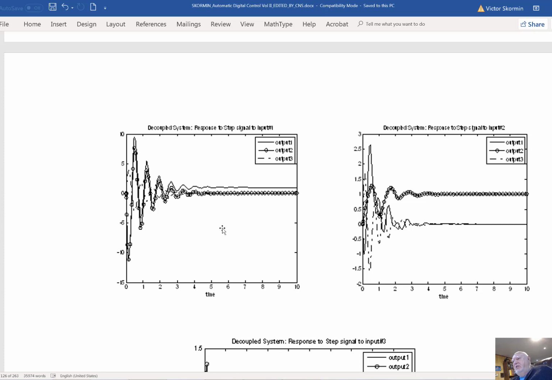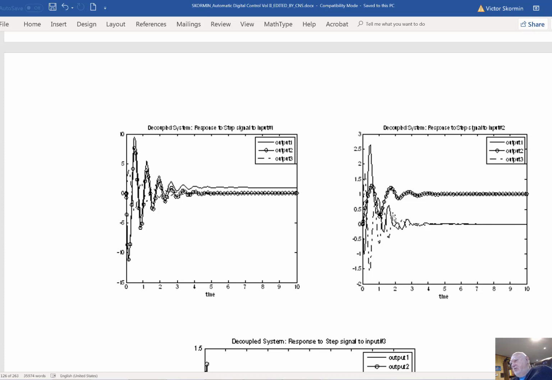And I guess this is the continuation of this experiment. I applied a step equal to 1 to input row 1, and you see no residual effects in other outputs.